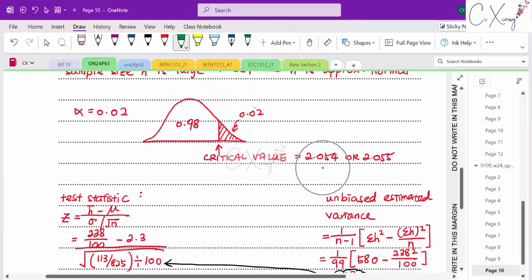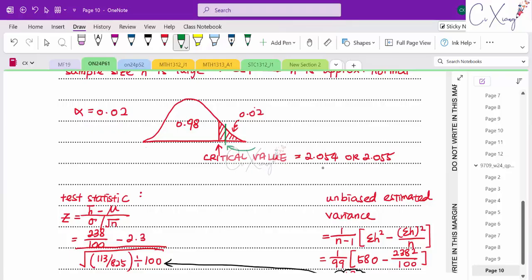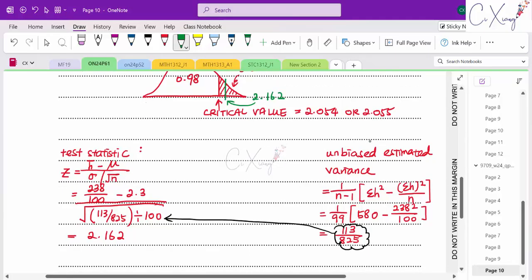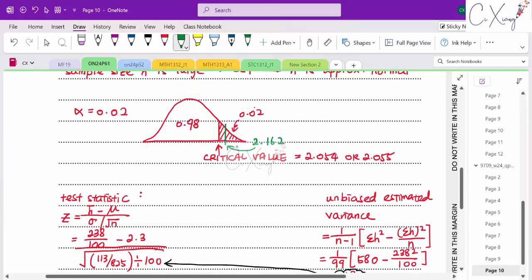Your critical value is 2.054. So 2.162 should be after 2.054. When you put the 2.162 inside the diagram, you can see that it actually falls under the rejection region, right? So from here you can make a conclusion.